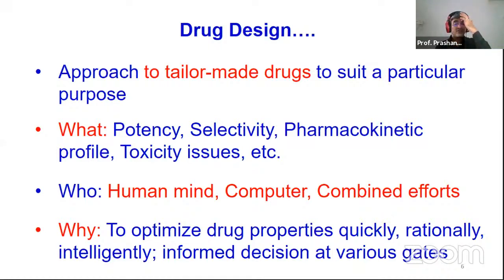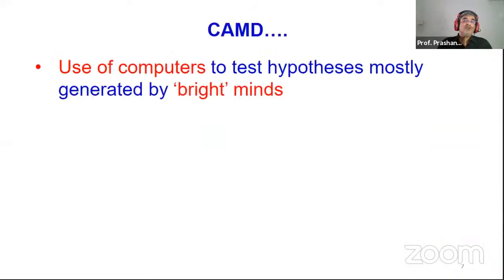So these technologies help optimize, rationalize or systematize the drug discovery process at a very cool pace, right? So the very specific term is computer-aided molecular design. As the name indicates, it's the use of computers to test hypotheses mostly generated by bright minds.